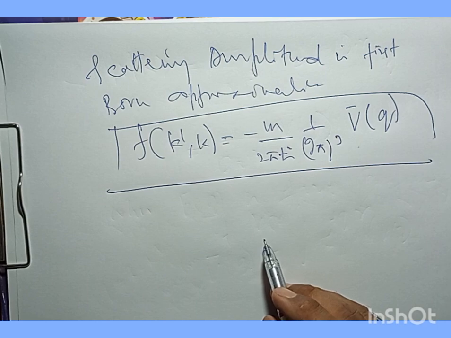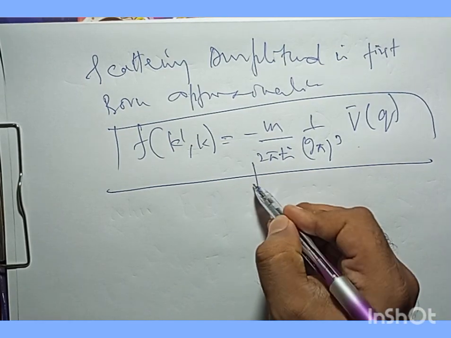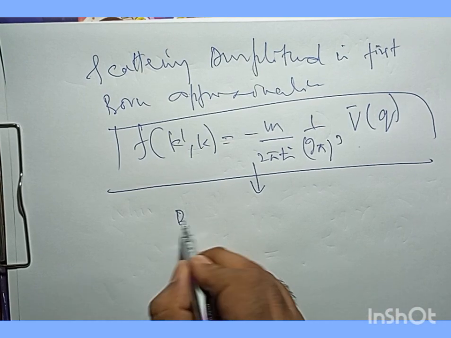Now, the final expression for the scattering amplitude in the first Born approximation, which I have written over here, is what is called the Born formula.